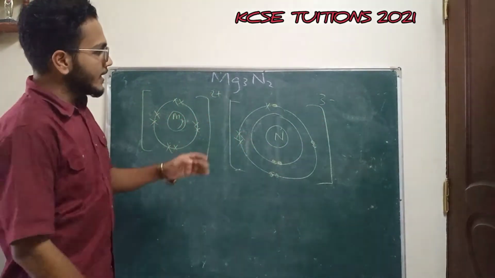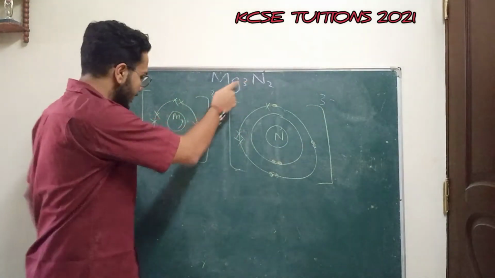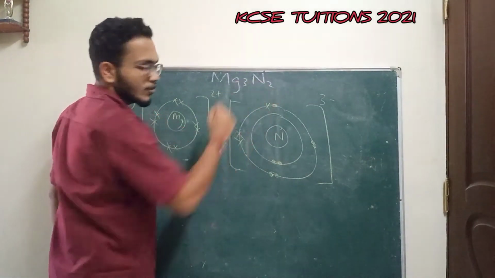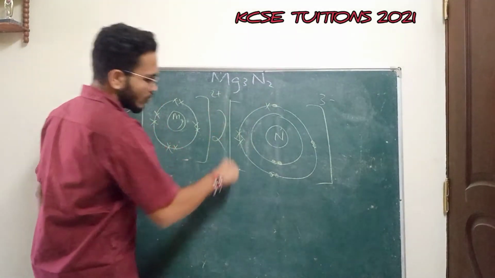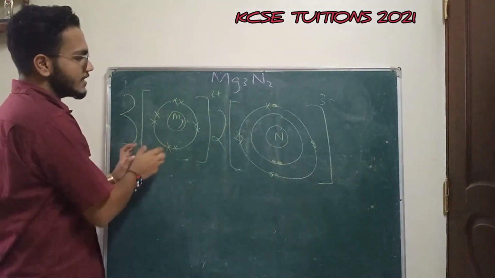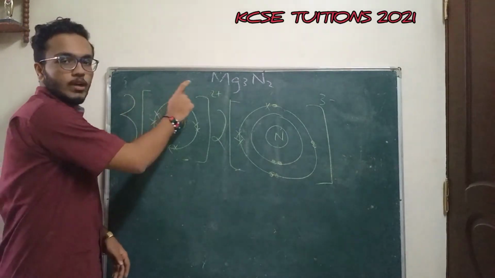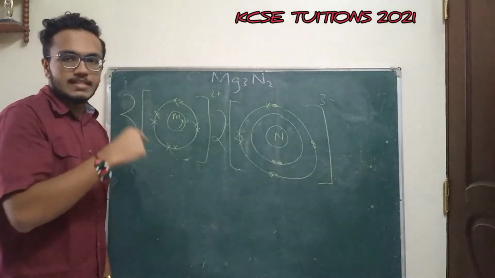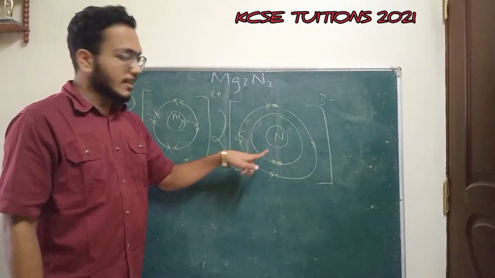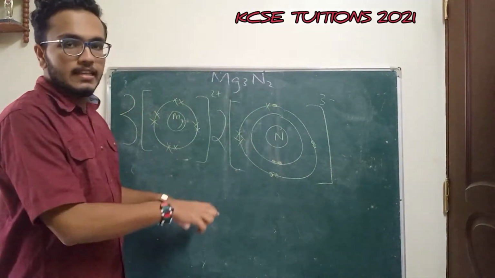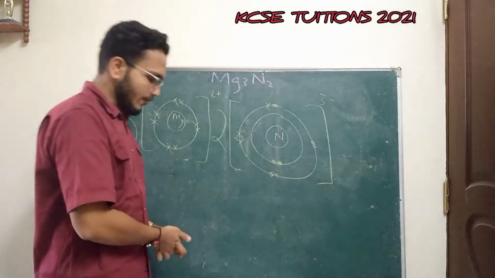But how many atoms of magnesium have reacted? 3. So you put a 3 outside the bracket. And how many atoms of nitrogen have reacted? 2. 3 atoms of magnesium and 2 atoms of nitrogen. So magnesium losing 2 electrons times 3 loses 6 electrons, and nitrogen gaining 3 electrons times 2 also gains 6 electrons. Hence, this is how the ionic bond is formed.